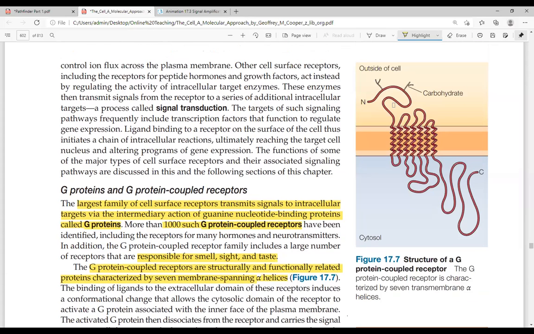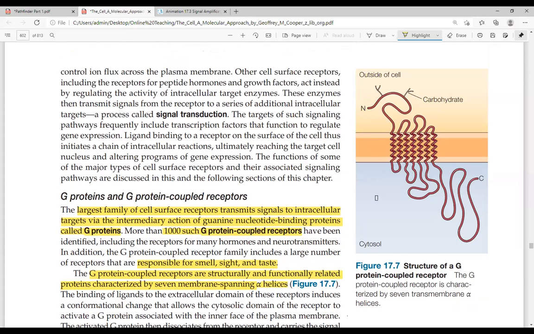These receptors have certain key features. The first feature is that they are serpentine in nature. Serpentine means that they traverse the plasma membrane 7 times.